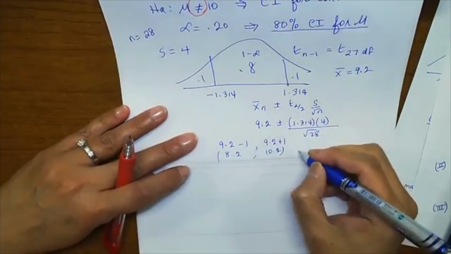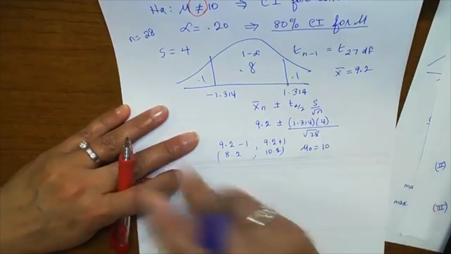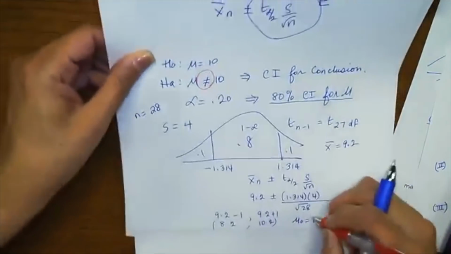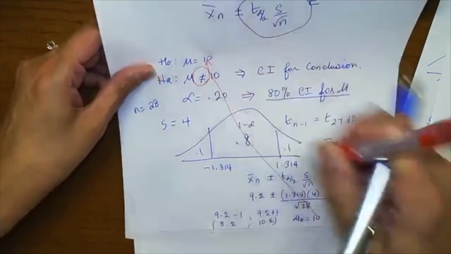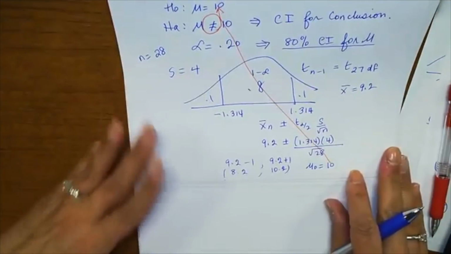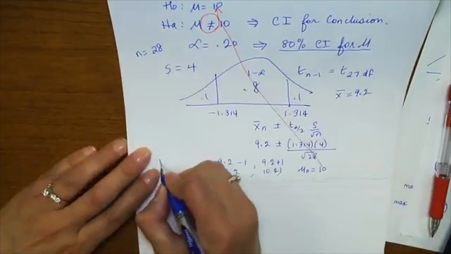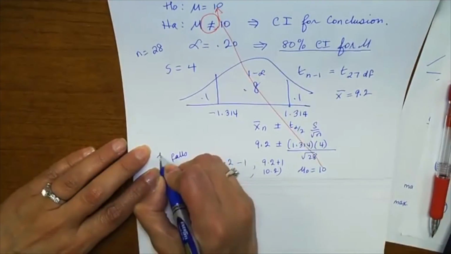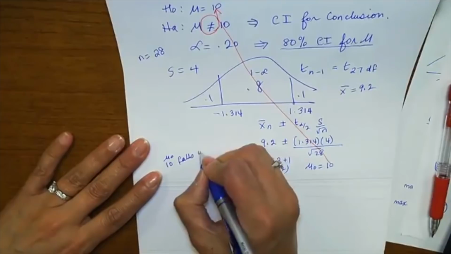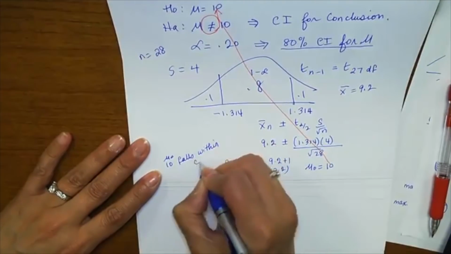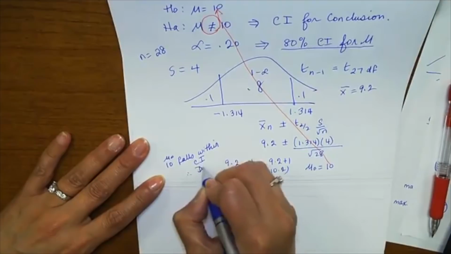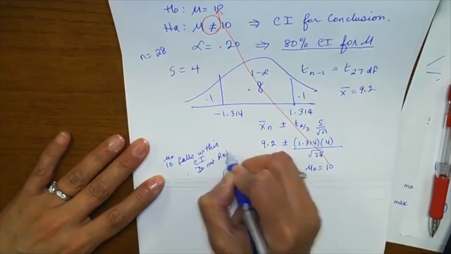They're trying to test mu naught equals 10. This thing is 10 right here. So all I want to do is see if 10 falls in here or not. So 10 falls within. Mu naught equals 10 falls within the confidence interval. Therefore, do not reject H naught.